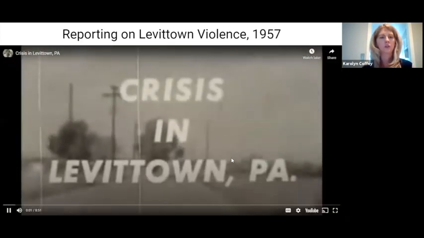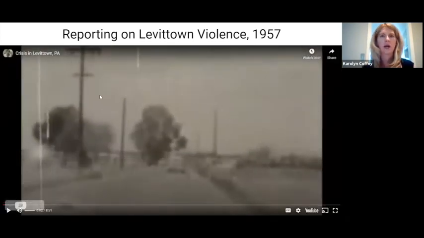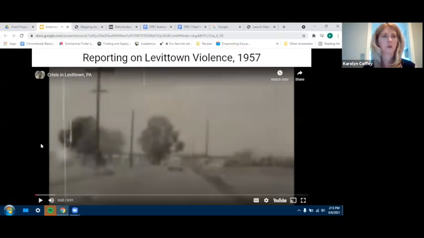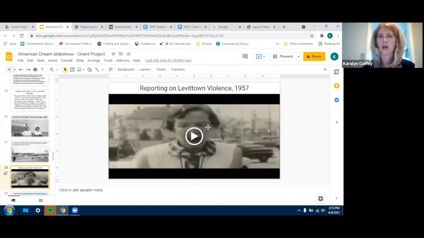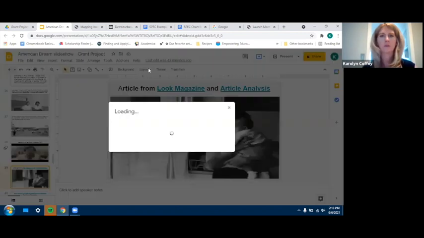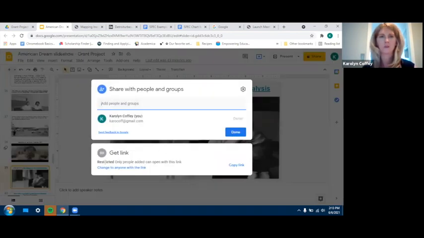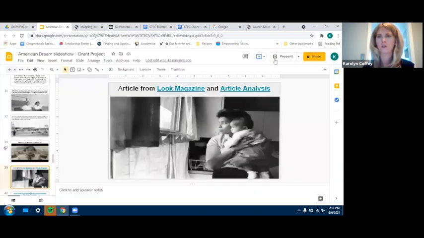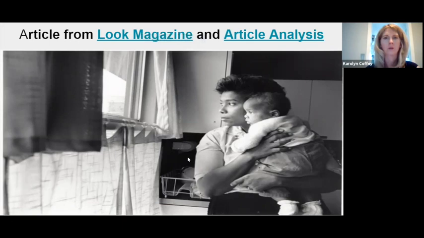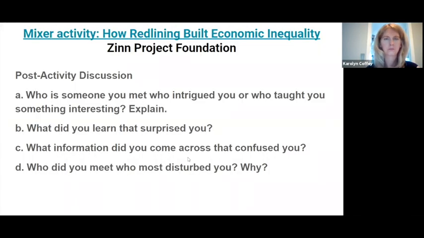I also found a primary source from the Library of Congress, an article written in that time period that was published in Look magazine, that students can read and do an article analysis on the Myers family.